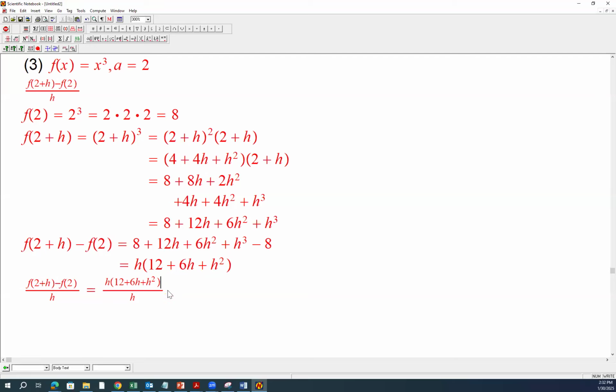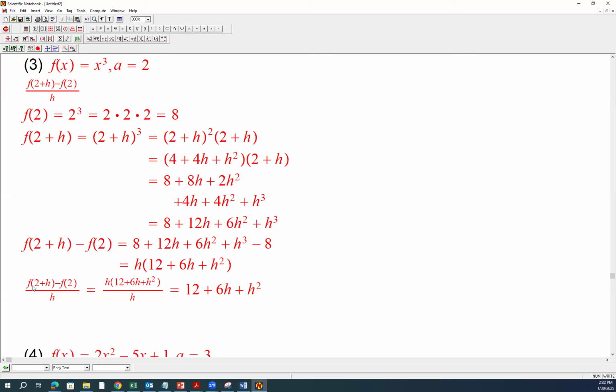Because in this case, it might not be that easy, but we'll factor out the h. That's good enough. So we got h and h reduced. In the end, we got 12 plus 6h plus h squared. And the question, the algebra part for calculus now, is finished.